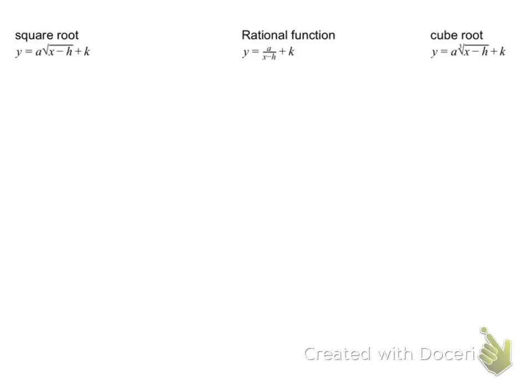And notice that they're all in the same translating form with an A, an H, and a K. You guys all know what A, H, and K do. We'll go over some of these. We know that A does what? It's a stretch or shrink, right? And it tells us if it's reflected.